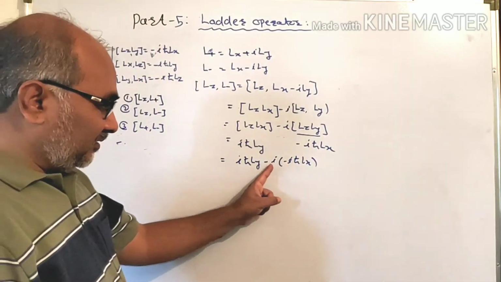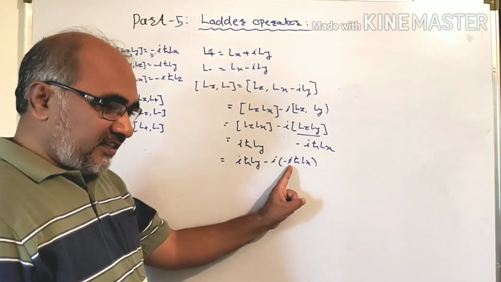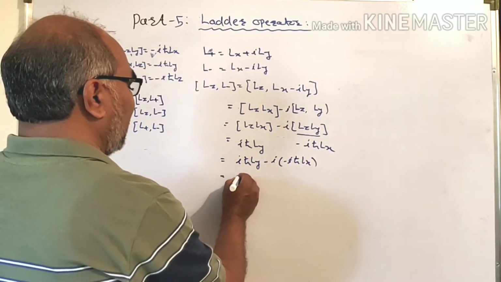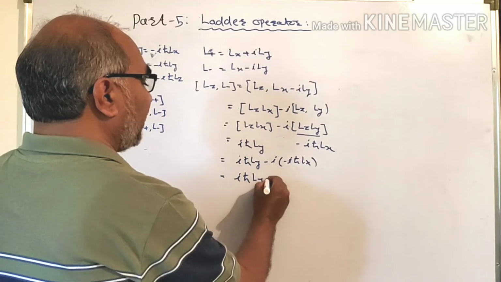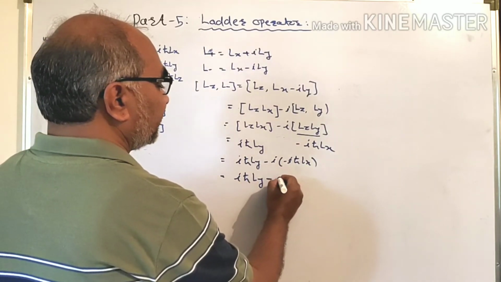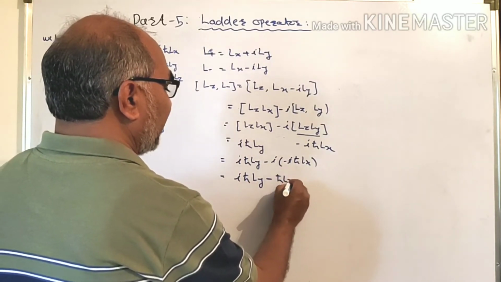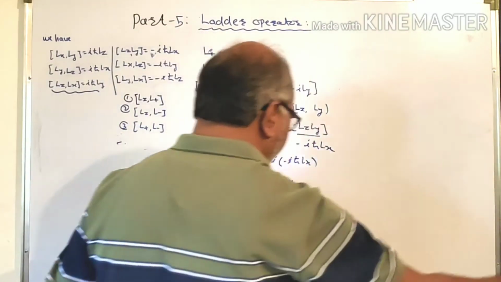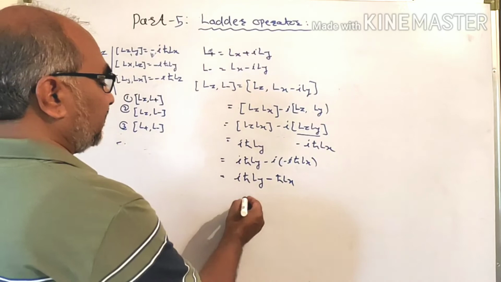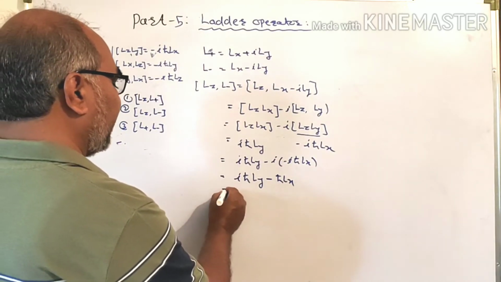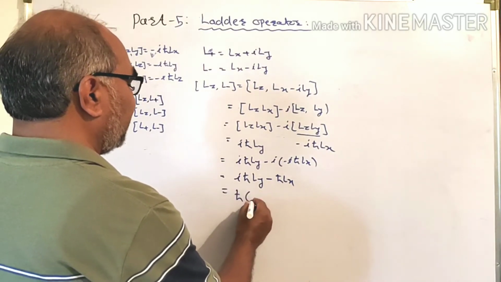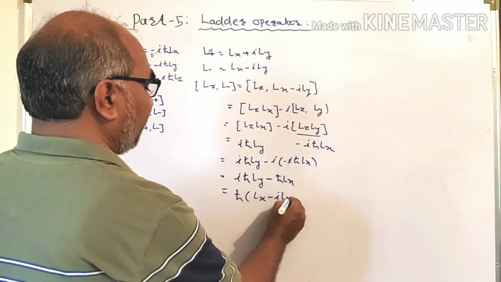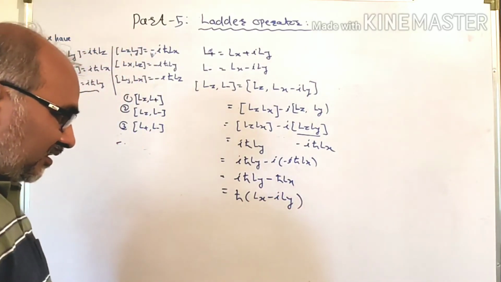Multiplying inside, i squared is minus 1, so the minus will be gone. This is equal to i ħ Ly minus ħ Lx. Taking ħ common, it becomes ħ times (Lx minus i Ly).